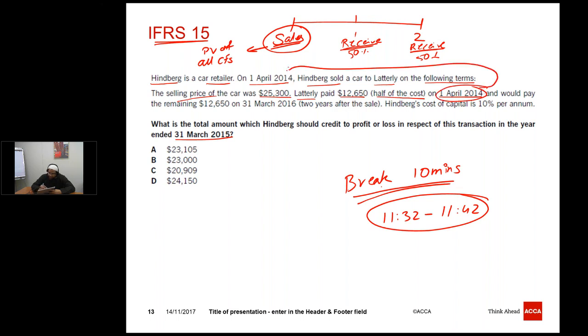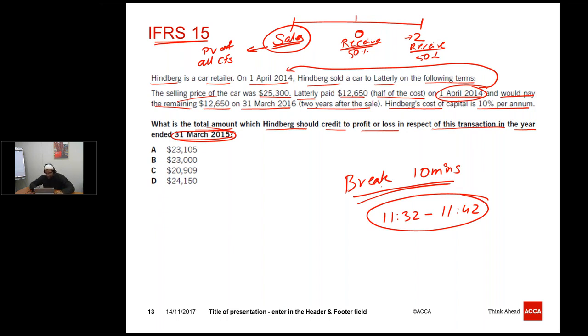So 50% has been received in year 0, today, and the customer would pay the remaining 12,650 on 31st March 2016, which is 2 years after the sale. Hindenburg's cost of capital is 10% per annum. What is the total amount which Hindenburg should credit to profit and loss in respect of this transaction in the year ended 31st March 2015?